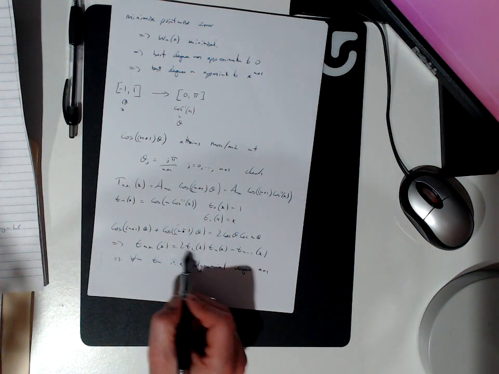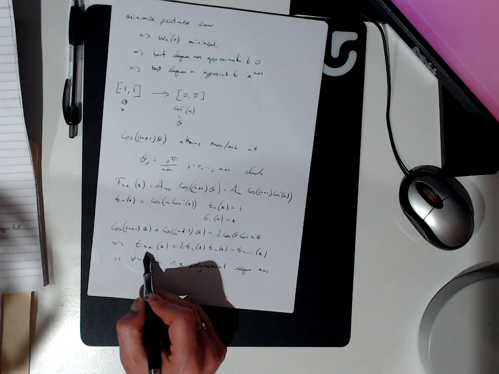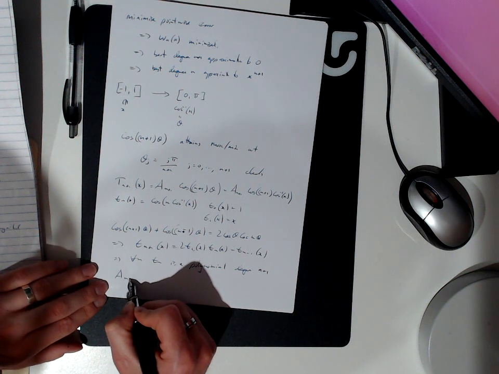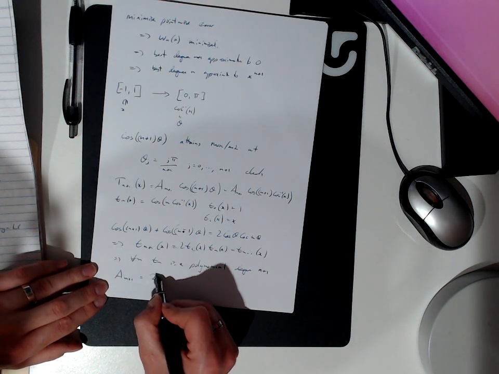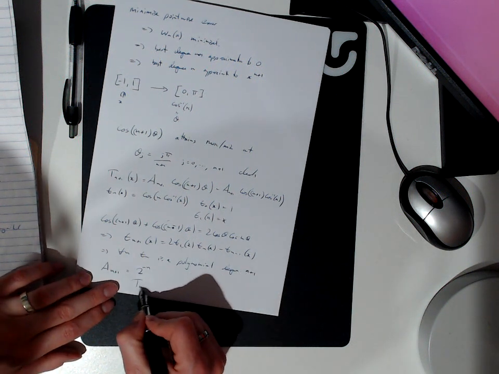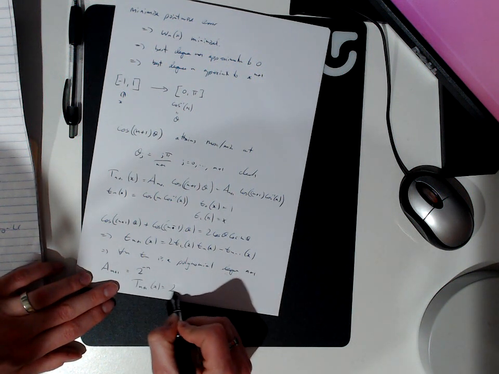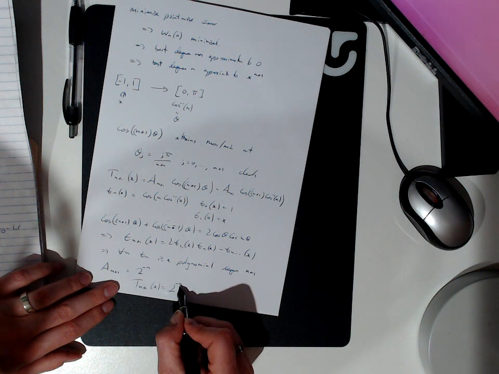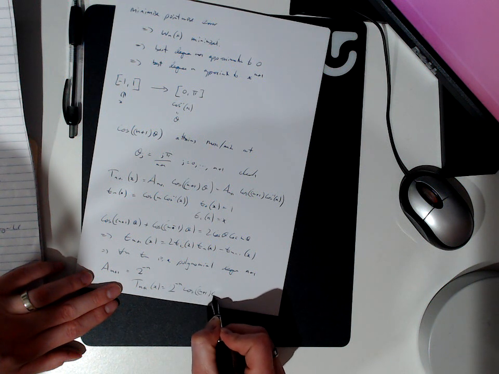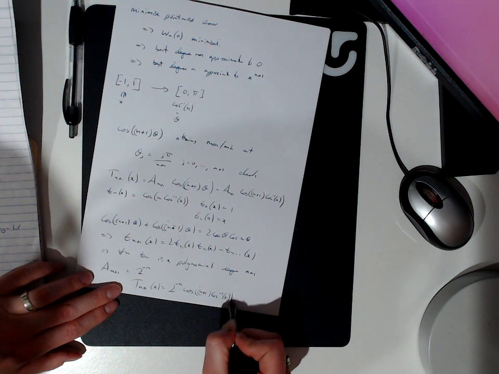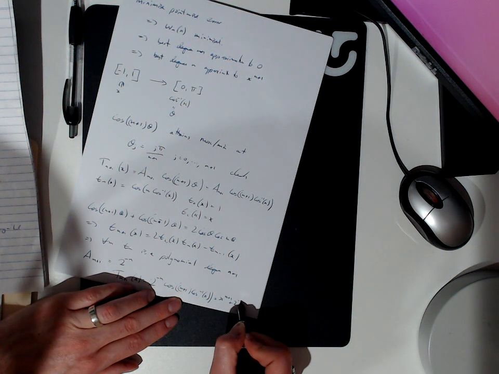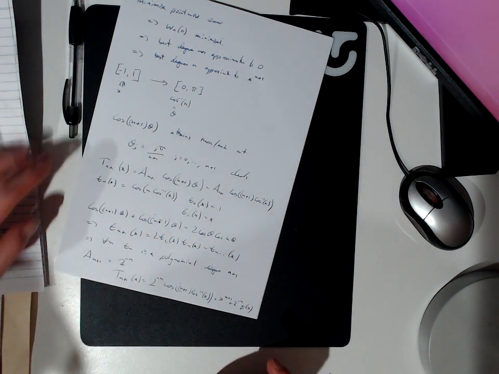Every time we increase the n, we get an extra factor of 2 out front, so we should rescale, because we don't have factors of 2 here. So we get t_{n+1}(x) is equal to 2^(-n) cos((n+1) cos inverse x), and this is equal to some monomial x^(n+1) plus some other polynomial of lower degree.